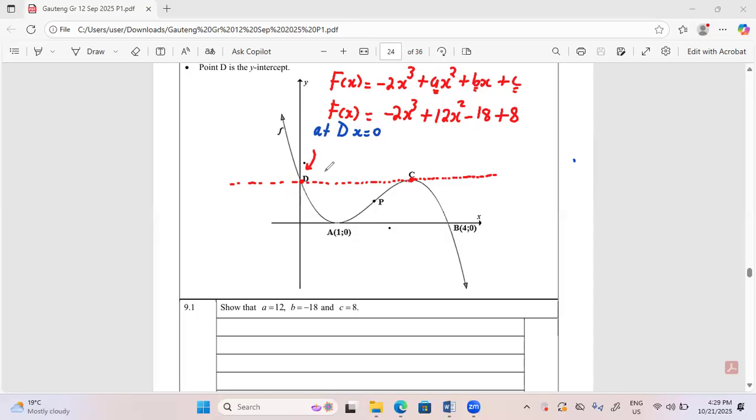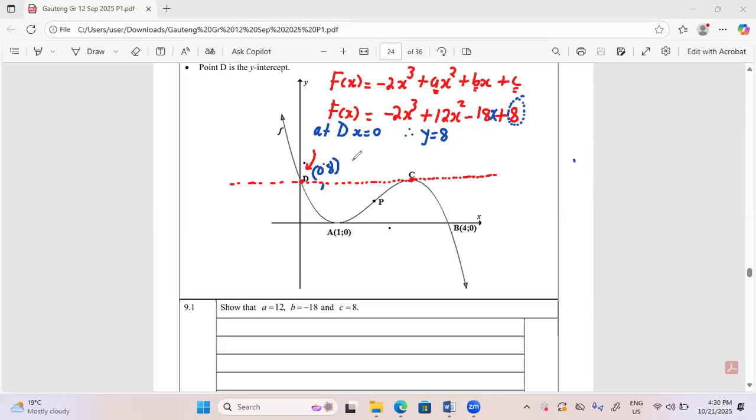If you do that, you'll find y being 8, which is the y-intercept. Normally, the y-intercept, guys, is this number at the end of f of x. So the coordinates of D are (0, 8).